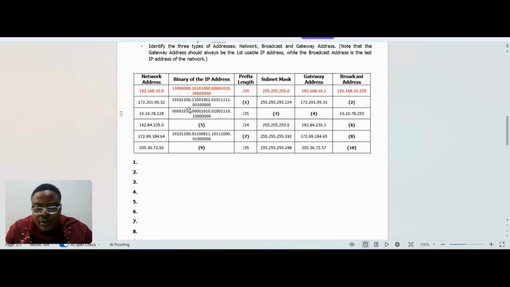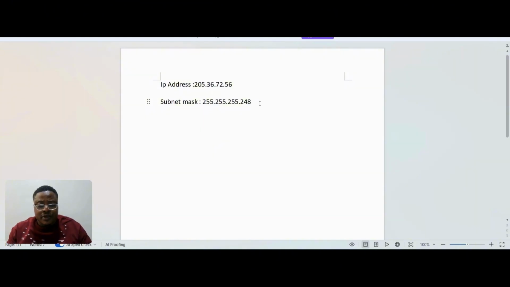For the IP address 205.36.72.56, I'll use the IP address and the subnet mask to get the broadcast address. I'll use the same rule. Once it's 255, I maintain the network address, which is 205, then 36, then 72.